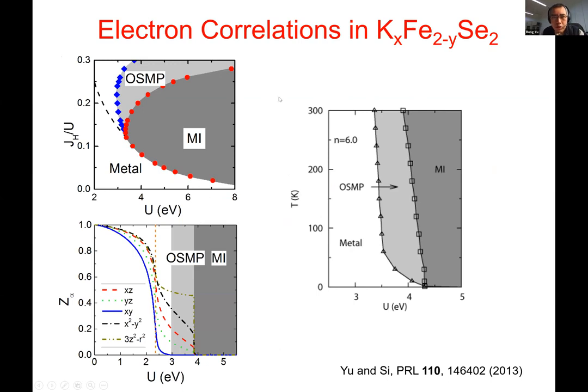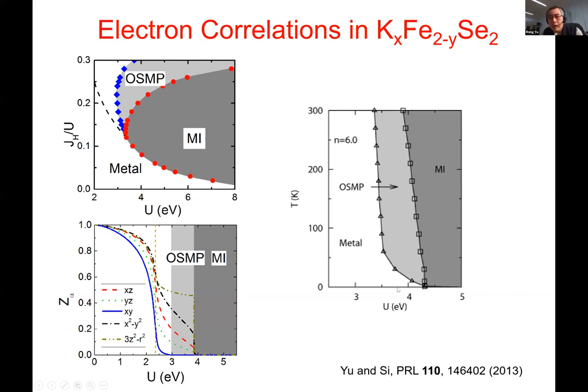Okay, so we first apply this U(1) slave spin method to study the electron correlation effects in this potassium iron selenide system. And here is the ground state phase diagram. We can identify three phases: a metallic phase, a Mott insulator phase, and in between there is an orbital selective Mott phase. Inside this orbital selective Mott phase, we see that the quasi-particle spectral weight in the xy orbital becomes zero, meaning that this orbital is inside a Mott insulating phase, but all the other 3d orbitals of iron are still itinerant with a finite quasi-particle spectral weight.